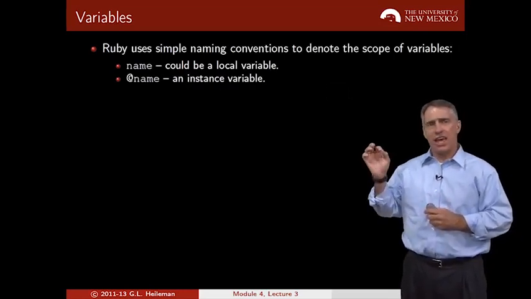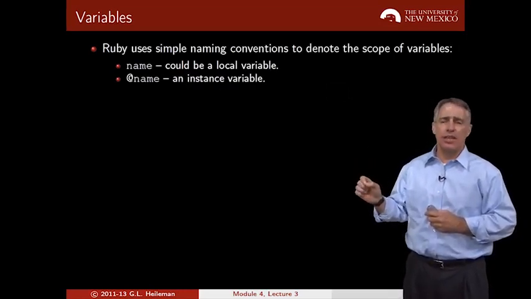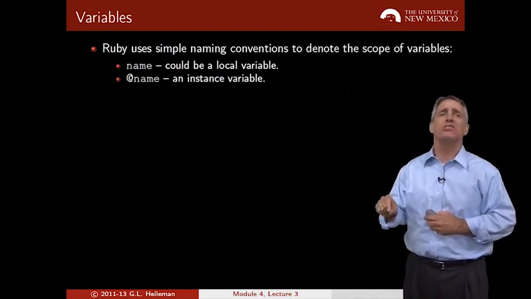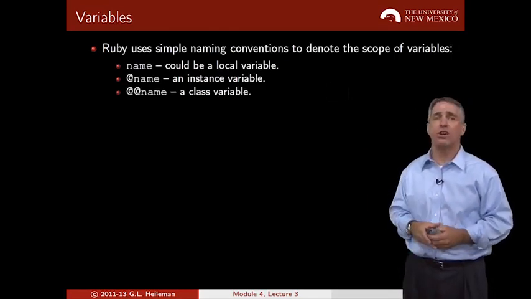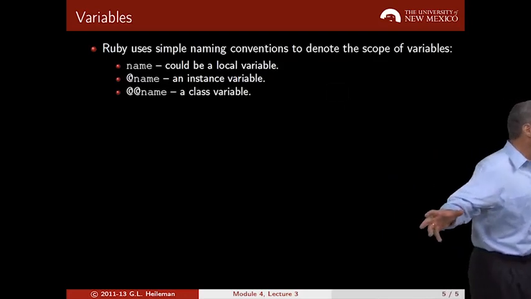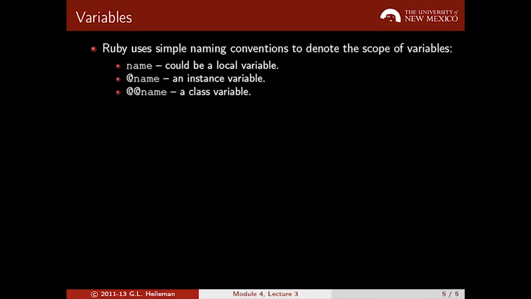If I put this @ sign in front of it, then that's indicating that name is an instance variable. If I put 2 @ signs in front of it, then I'm indicating that that variable is a class variable. In other words, with a class variable there's only one such variable defined for the entire class, whereas with an instance variable, a copy of that instance variable is created for every object of a particular class.